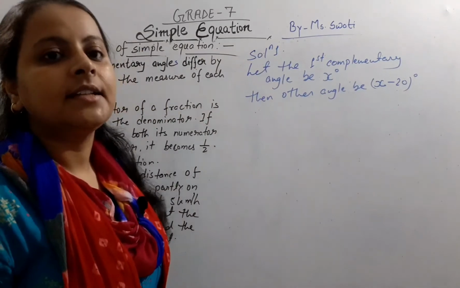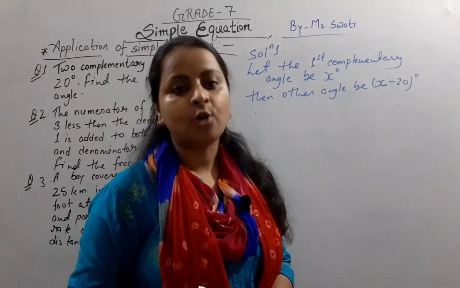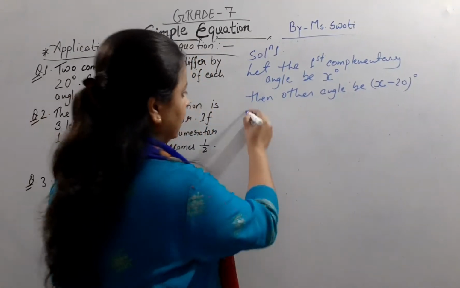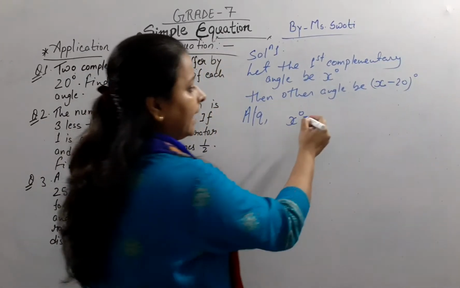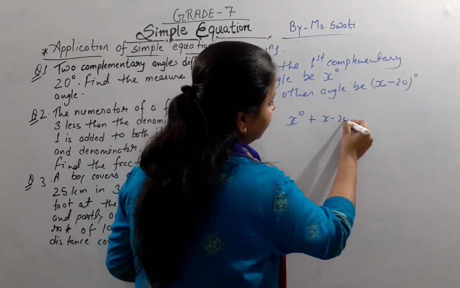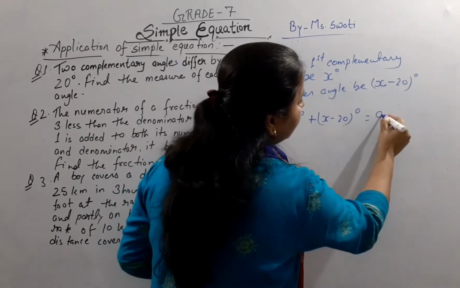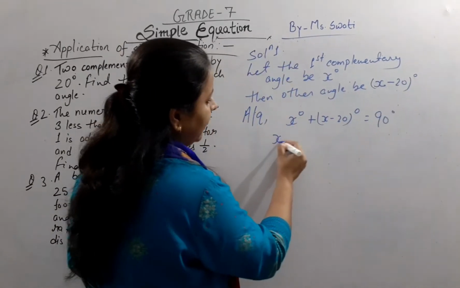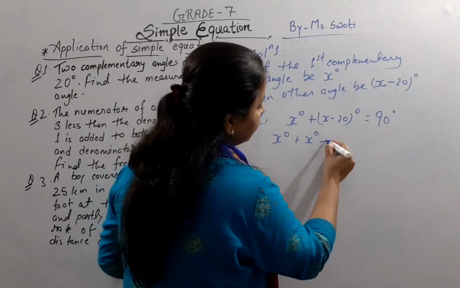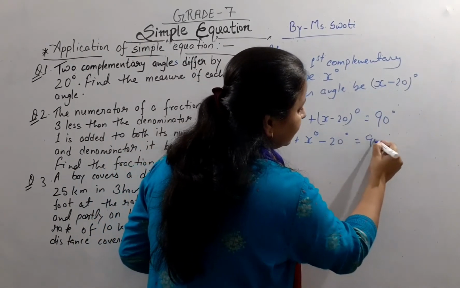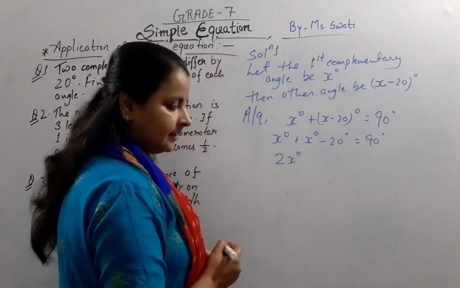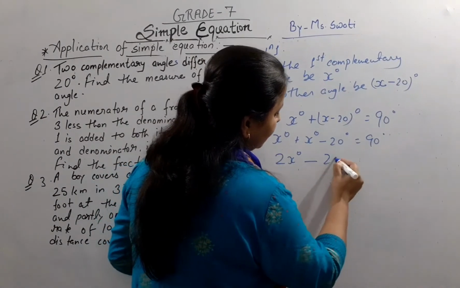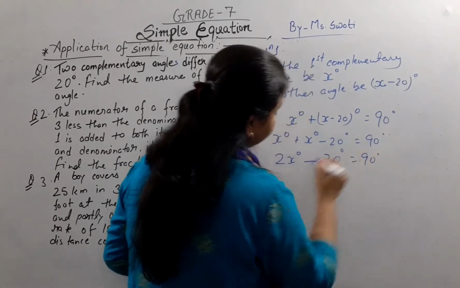Now we know that the sum of two complementary angles is always equal to 90 degrees. So according to the question, x, the first complementary angle, plus the second complementary angle is equal to 90 degrees. Now x plus x minus 20 is equal to 90 degrees. x plus x, that is 2x, minus 20 is equal to 90.